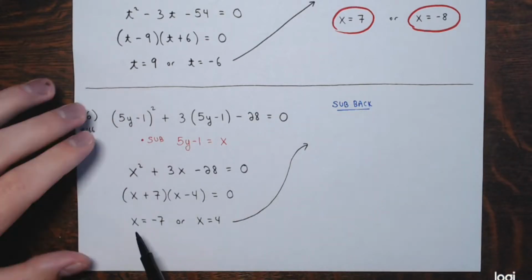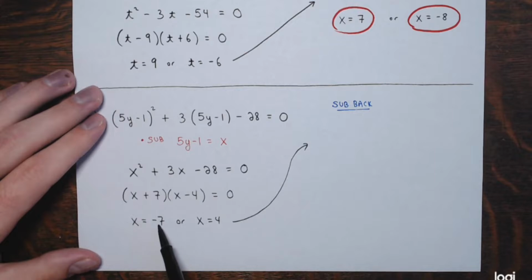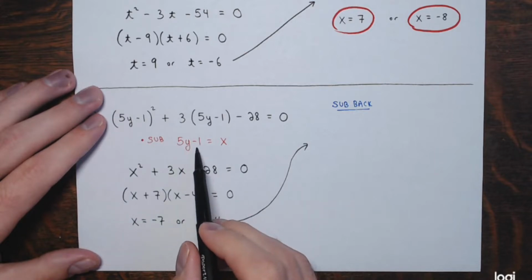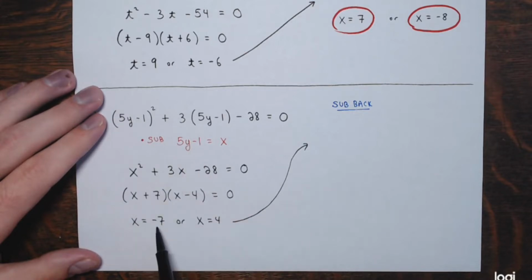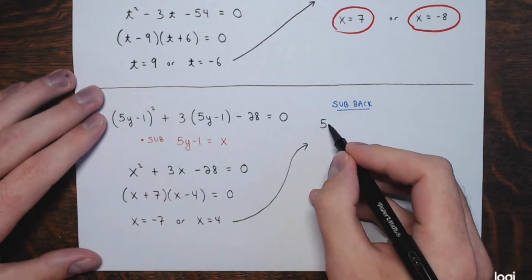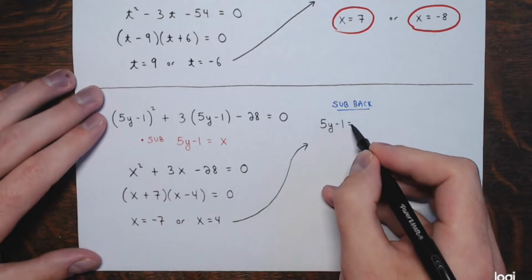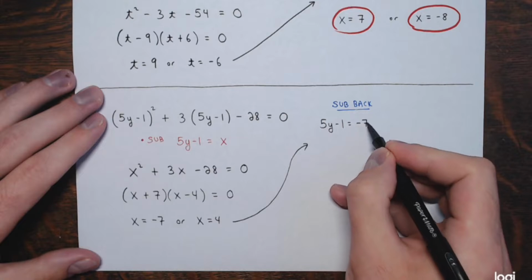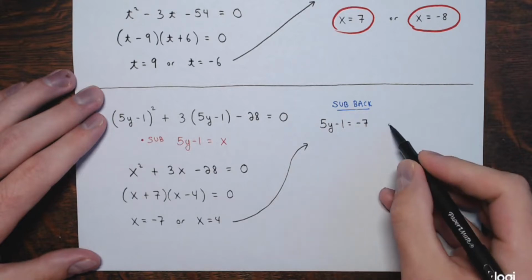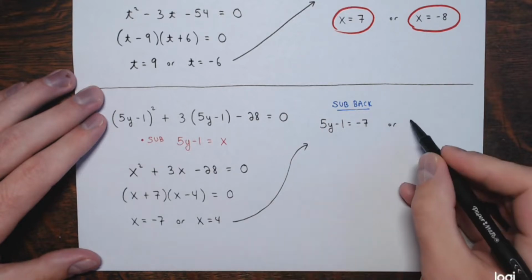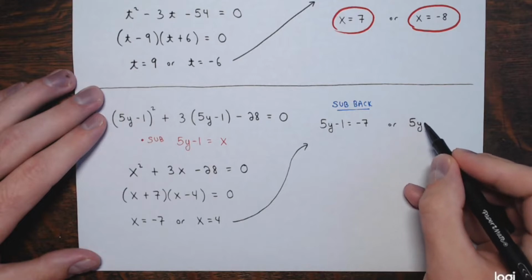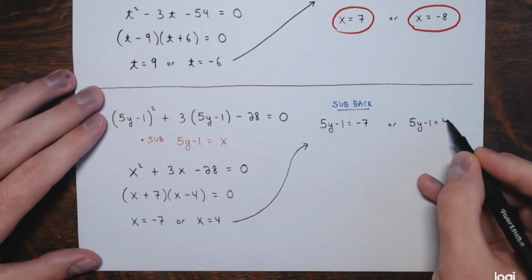So this equation here, x = -7. Remember, x is 5y - 1. So this becomes 5y - 1 = -7. And the other equation is 5y - 1 = 4.